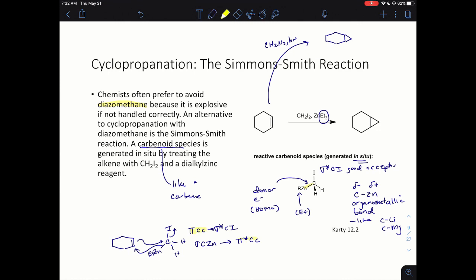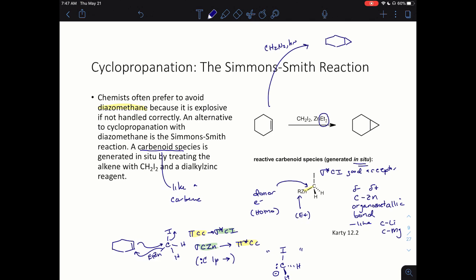So these orbitals are for the alkene. These orbitals are for the Simmons-Smith reagent. And if you want to think about the carbon-zinc electrons as a lone pair on carbon, just like we did for the Grignard, that'll be okay too. So you can think about it like this. That's fine. But the Simmons-Smith has a good donor, has a good acceptor, and behaves like a carbene. That's the bottom line.